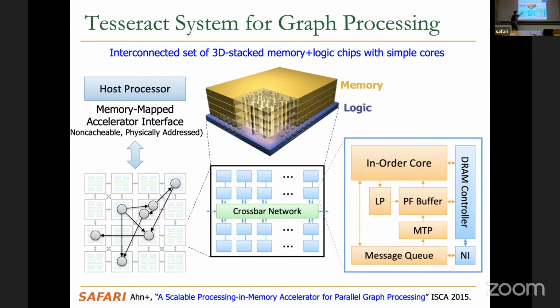Tesseract in particular proposes to create this sort of many-core processor inside the logic layer. And this whole processor is composed of many in-order cores. As you see, they are very simple cores, but they are able to do the computation that is needed for this graph processing application, right?